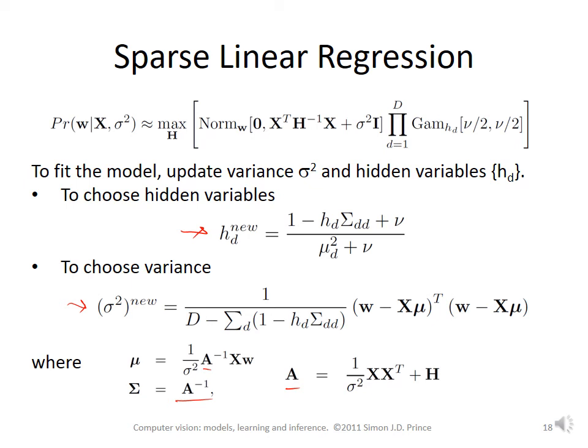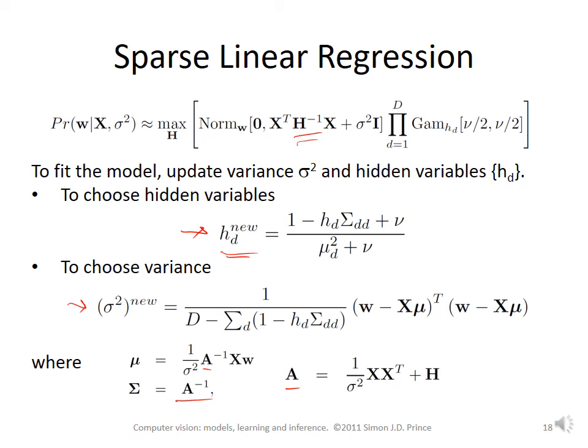But I'll point out one thing here. Let's take the case where we've converged, and now we find that our h sub d is a large number. If that's a large number, we said that our capital H matrix is going to be full of 1 over h sub d. So for each of the dimensions, it has an entry along the diagonal, which means that a large h results in small values in 1 over h.